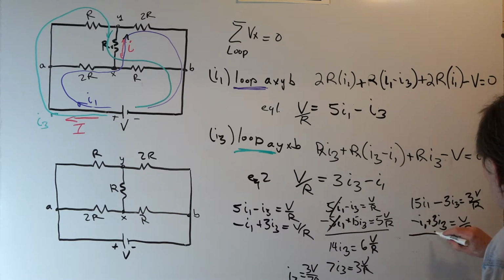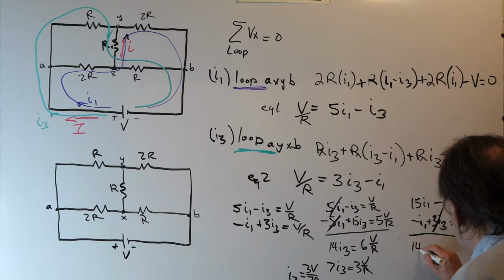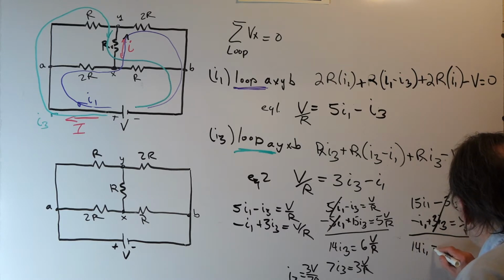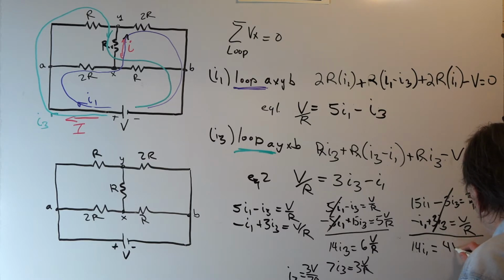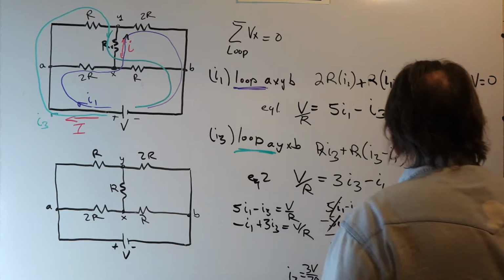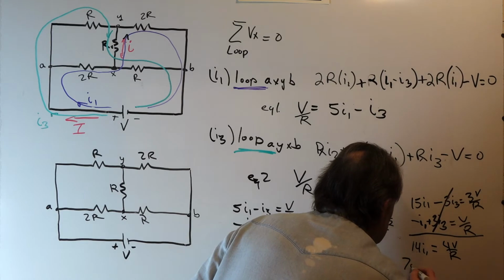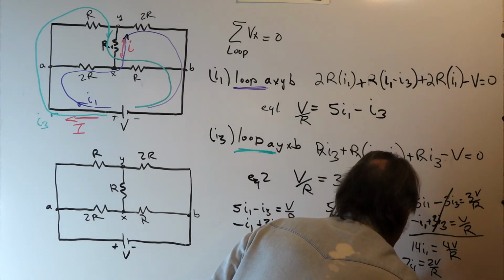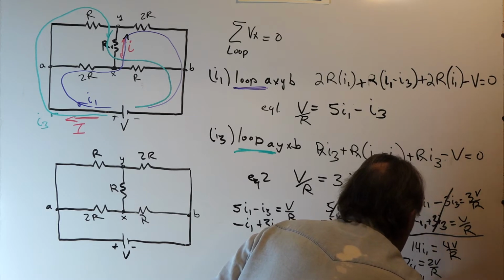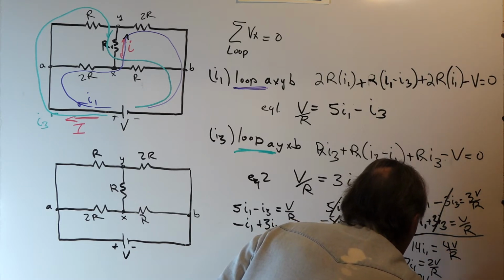We add the equations. The I3s go out. 15I1 minus I1 is 14. I1 is equal to 3 plus 1, or 4, V over R. Dividing through by 2, we get 7I1 equals 2V over R, or I1 equals 2V over 7R.